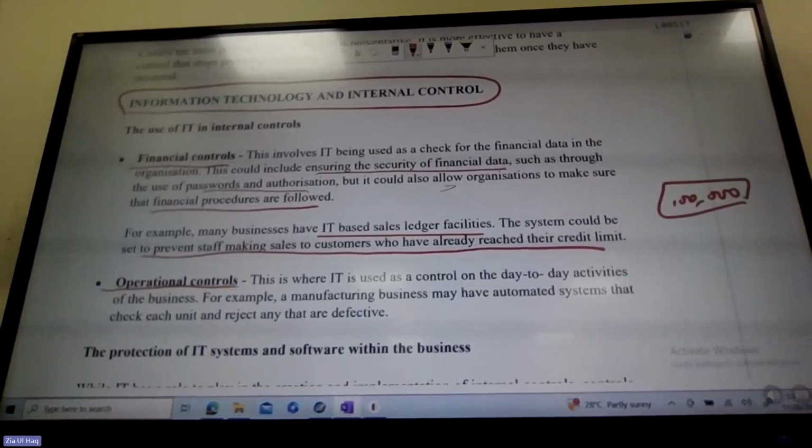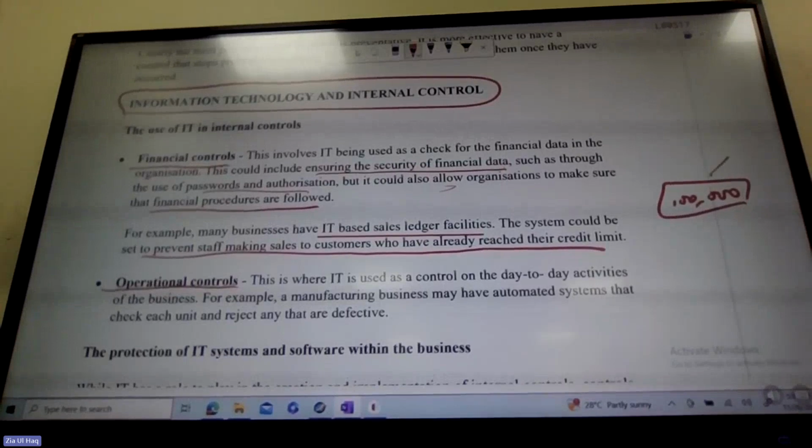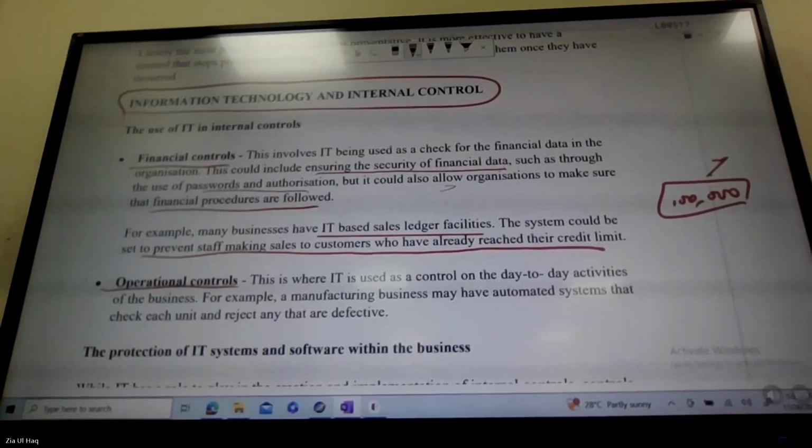They can take orders on credit basis, not above this, because we set the credit limit according to customer affordability. Might be one of the staff members has a relationship with the customer and is selling product to that customer above 100,000. So we need to keep control over these things.